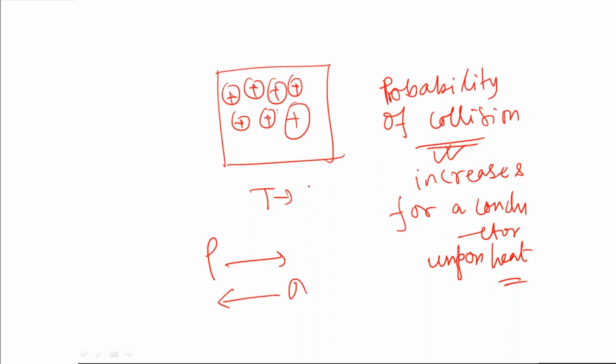But what happens to the insulator and semiconductor? In both cases, the resistance decreases. Because more and more electrons which are bound, if you give more thermal energy, these bound electrons will make themselves free.